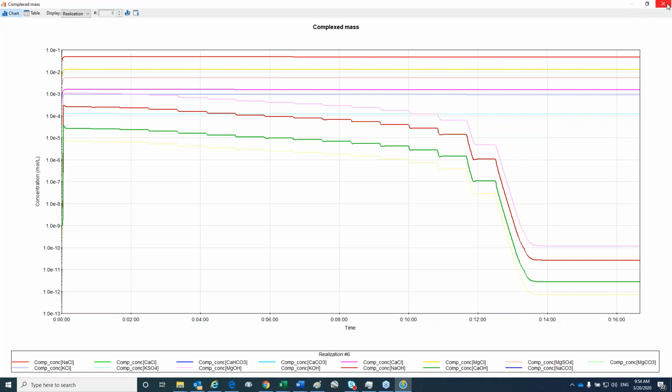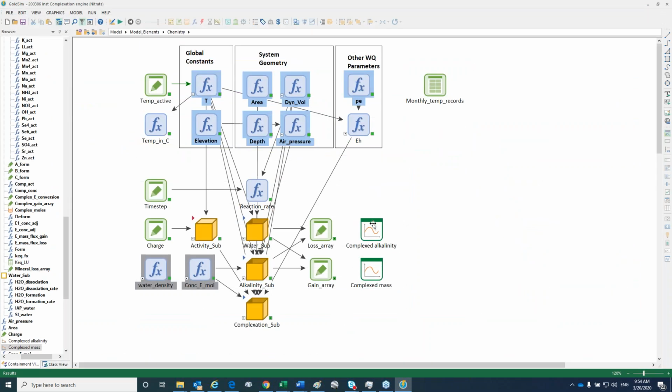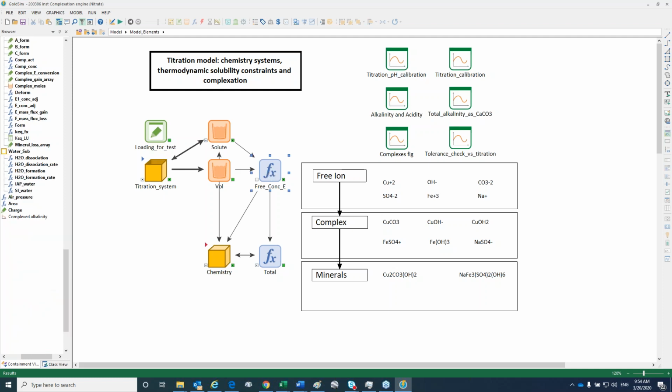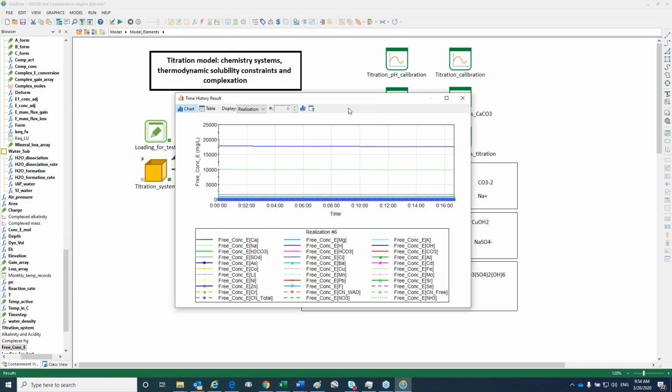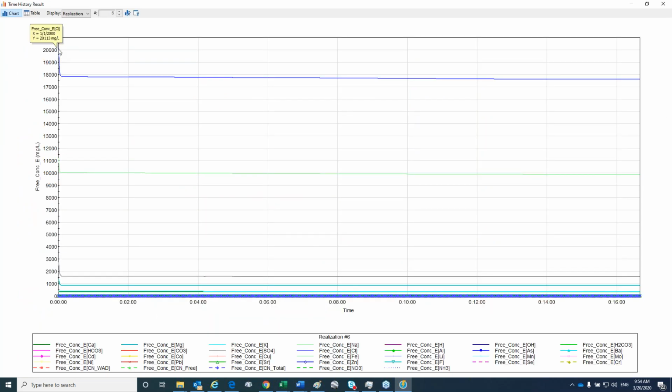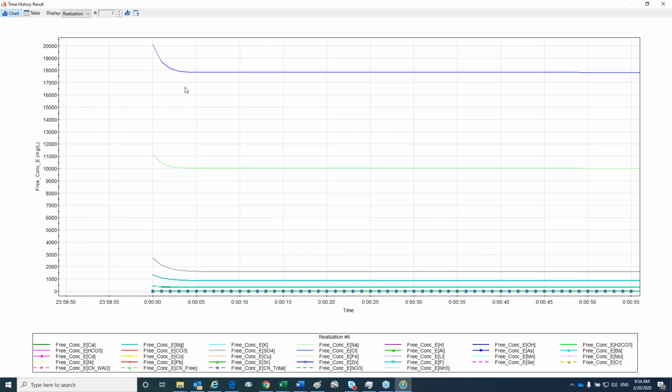Okay, so basically we've talked a little bit about how this performs and how these complexes look. We can talk a little bit about what the concentrations look like, but it's not very interesting. I do want to point out that the model, in terms of the initial quantification of the complexes, forms very rapidly.